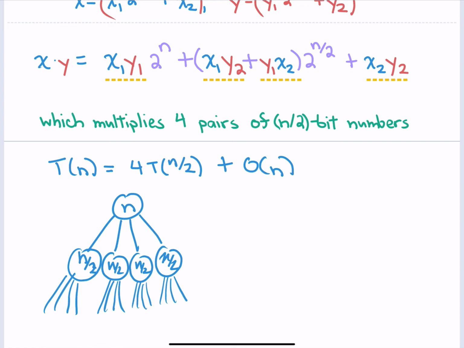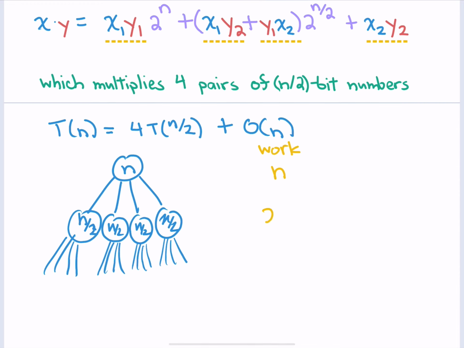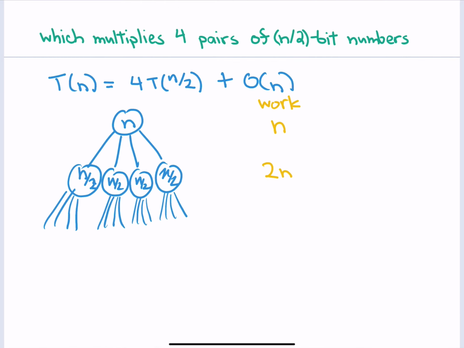Okay, so what's the total amount of work done at the first level? n, okay. What's the total amount of work done at the second level? 2n. So it'll be 4 times n over 2. And then what would be the work done at the fourth level? It'll be 4n because there's 16 problems, each of which are n over 4.